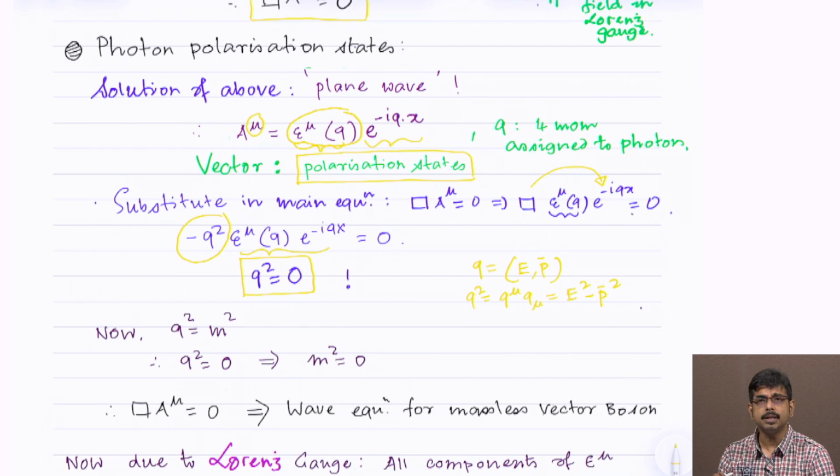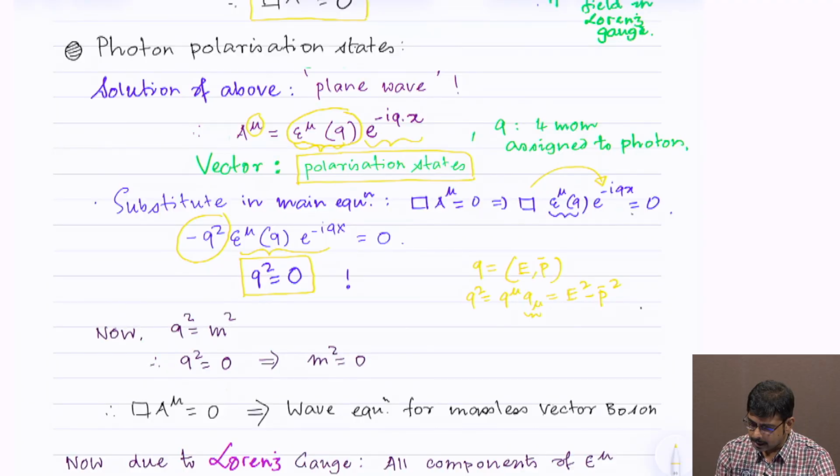Why E square minus P square? As I said, q covariant mu is essentially g mu nu, the metric tensor, into q contravariant nu, and just because g mu nu has 1, minus 1, minus 1, minus 1, when you bring it to the covariant level, it picks up a negative sign.